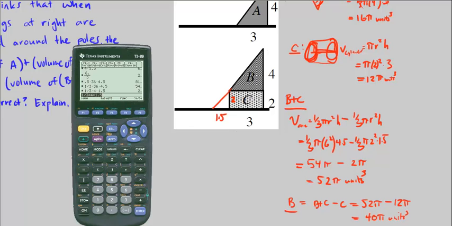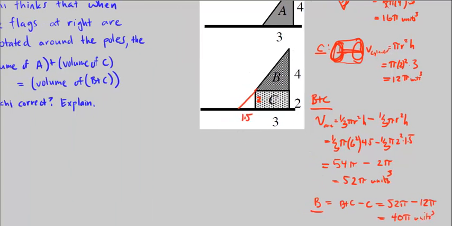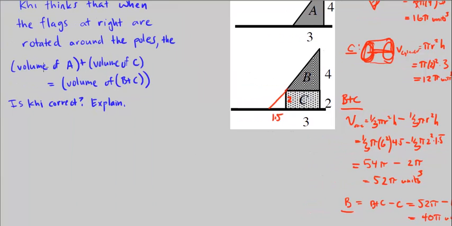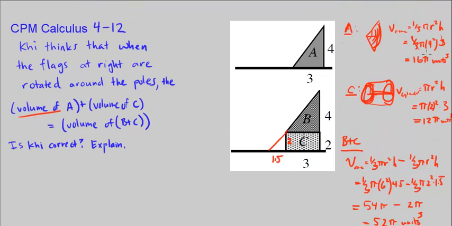Okay? So as we can see, what's the volume of A? Volume of A here, we found it to be 16 pi units cubed, plus volume of C, which we found is 12 pi units cubed.